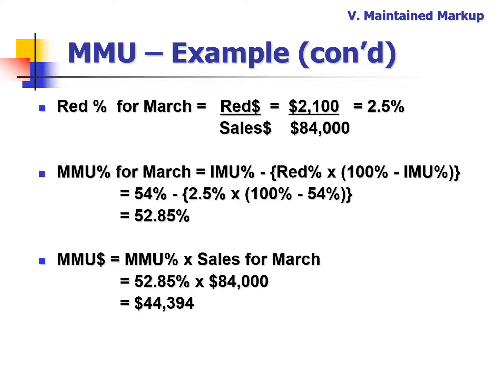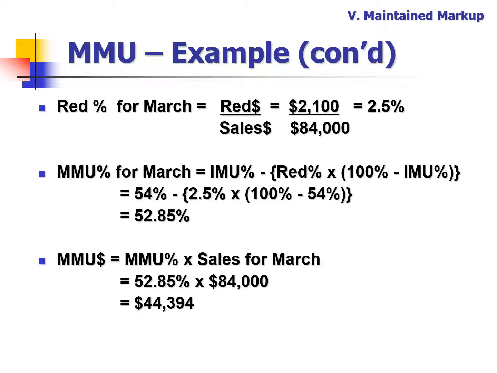First, we had already calculated the reductions percent of sales for March, which was 2.5%, but let's just revisit how we calculate this number. It was reductions dollar of March divided by the sales dollar of the month of March that we planned for this year. Knowing this reductions percent, now the MMU percent for March will be IMU percent minus reductions percent times 100% minus the IMU percent.